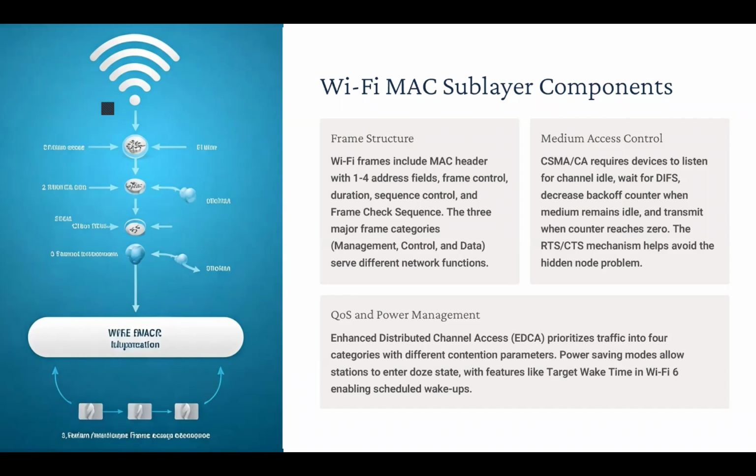Now, a station can enter a sleep mode or doze mode so it can save some energy, and this is very helpful for increasing the efficiency of the devices and network.